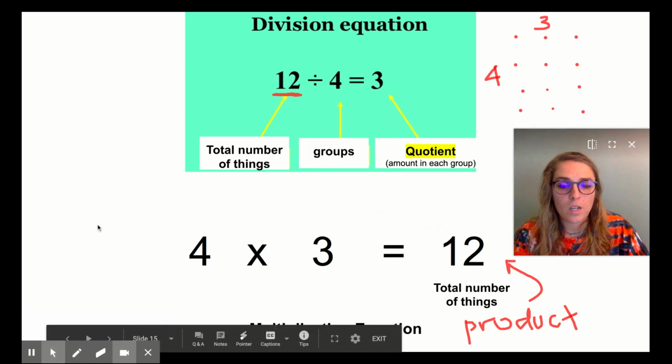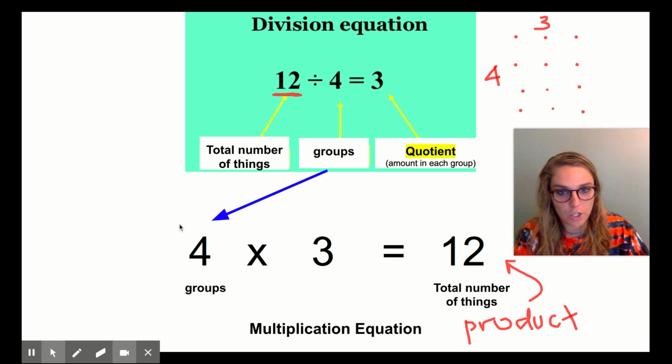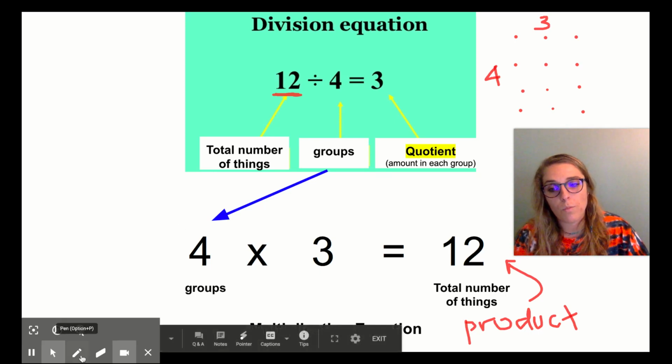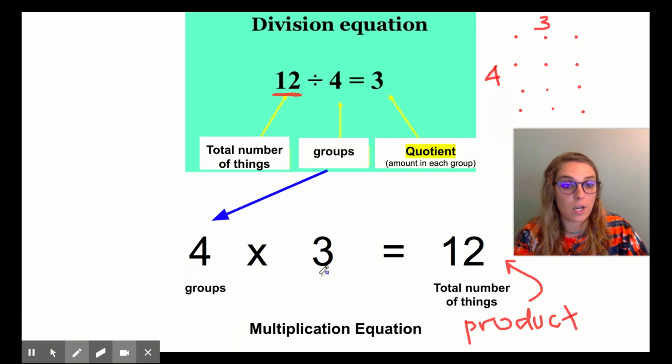Now, the number in the division equation that comes after the division sign, we read as 12 things, 12 cupcakes split into 4 groups. The 4 groups then becomes the start of our multiplication equation, because when we read our multiplication equation, we always say 4 groups of, and then however many are in each group.